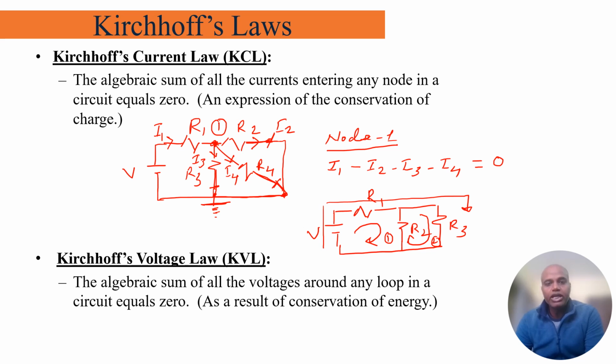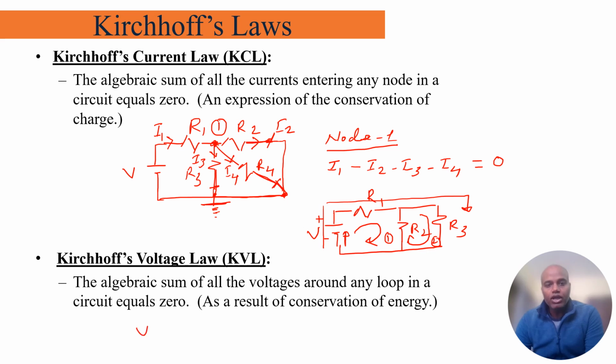So if I have to write the equation for loop number 1, pay attention over here. I'm starting from here, going in the clockwise direction for loop number 1. Let's say I'm going from the lower potential to the higher potential for the given voltage source.